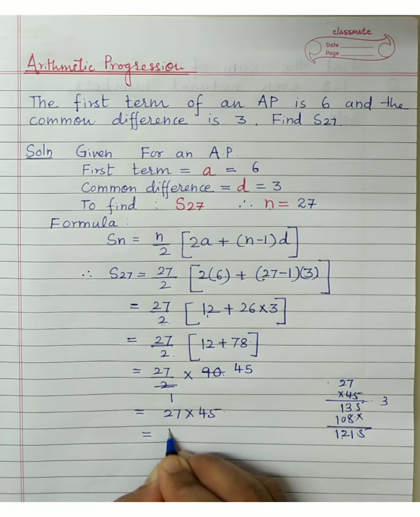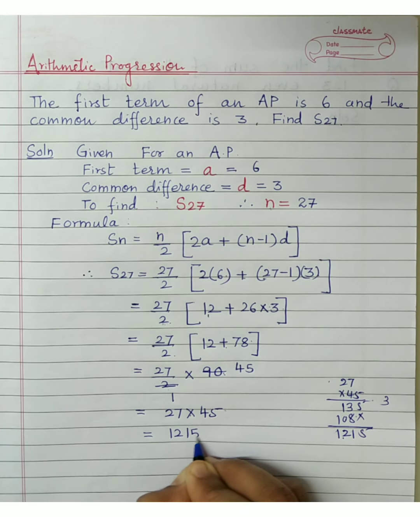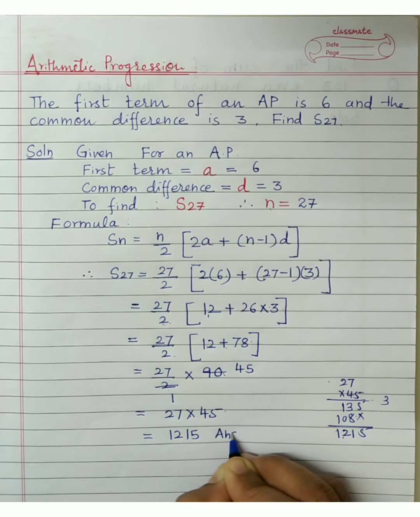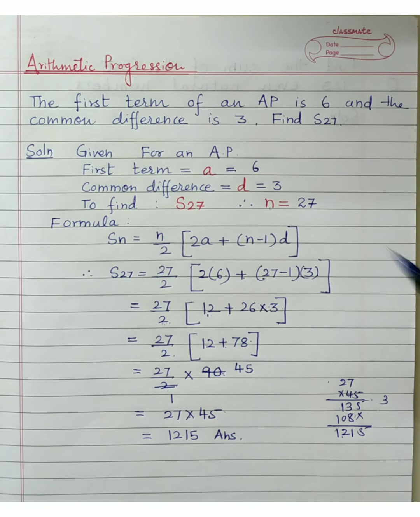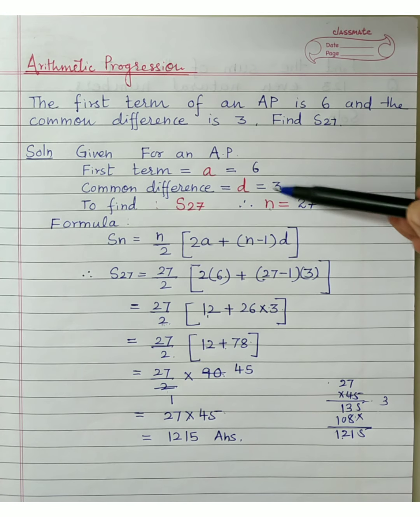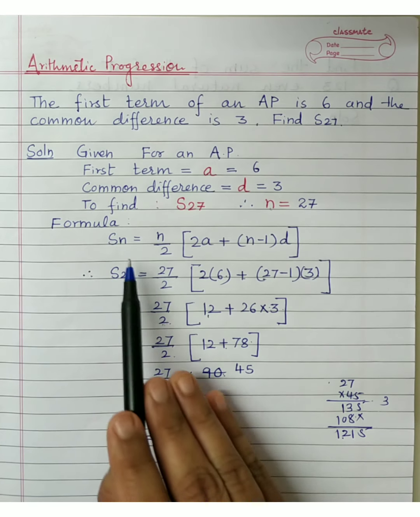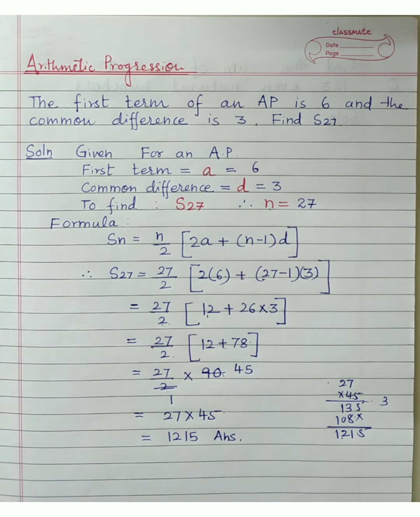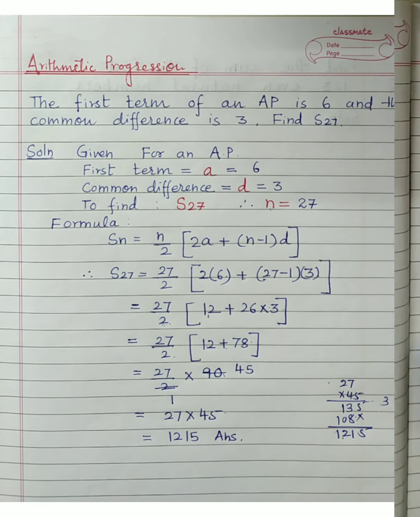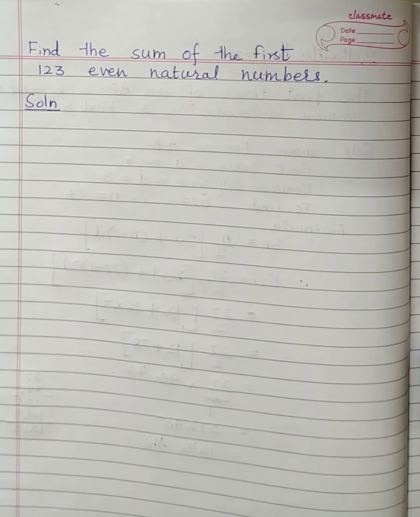Answer is 1215. Clear? So a very simple sum. What needed to be done very carefully: record all the numbers very carefully, use the correct formula, and for that learn the formula. Okay. Next question.